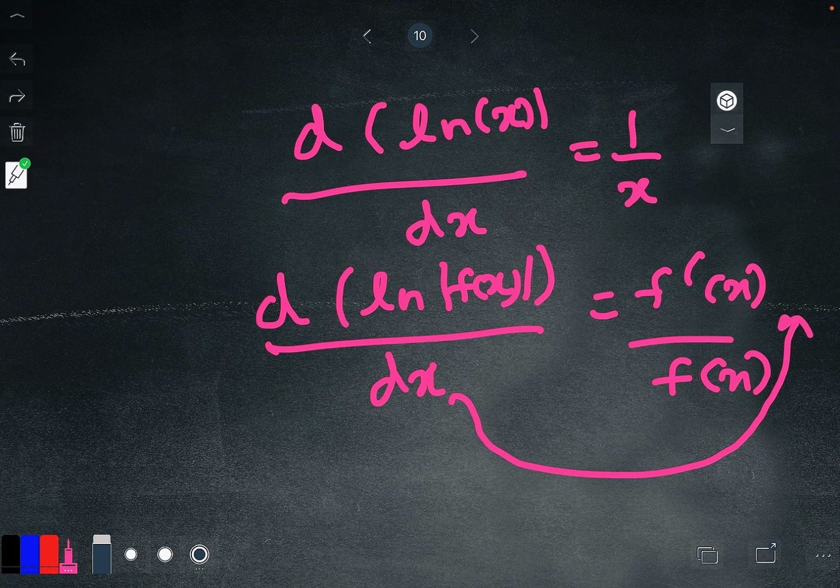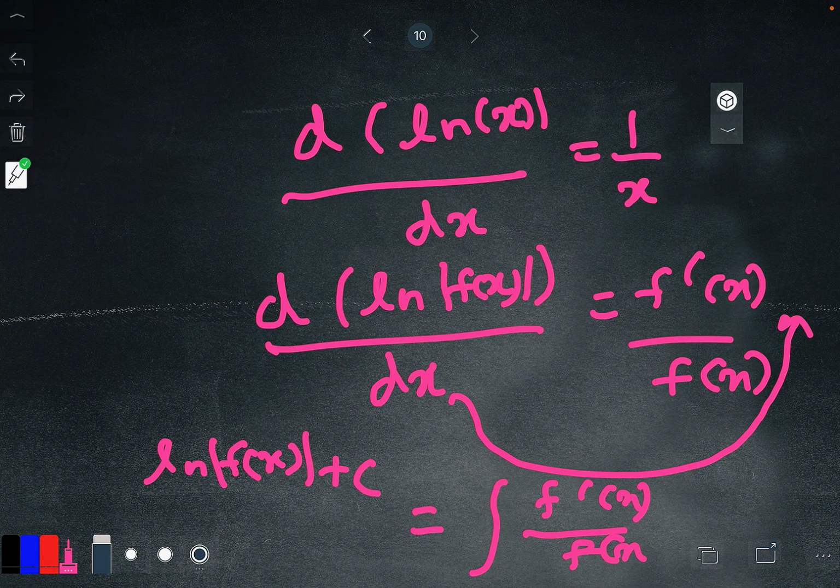Now if I cross multiply and integrate both the sides, I'll be having ln f of x plus c is equal to the integral of f prime x over f of x into dx.